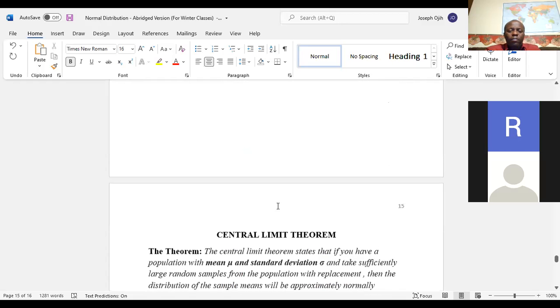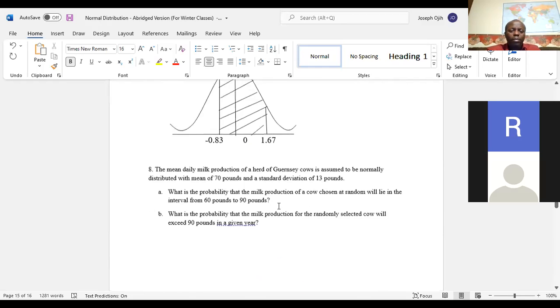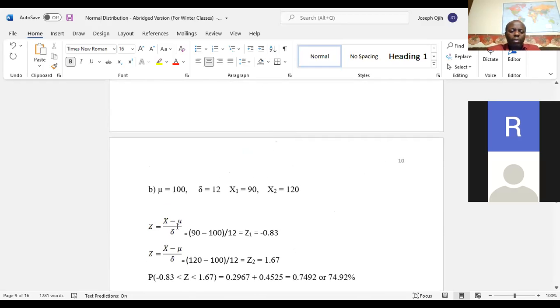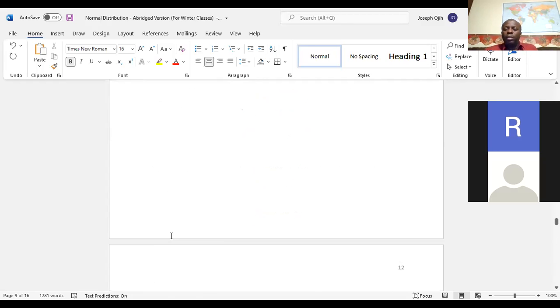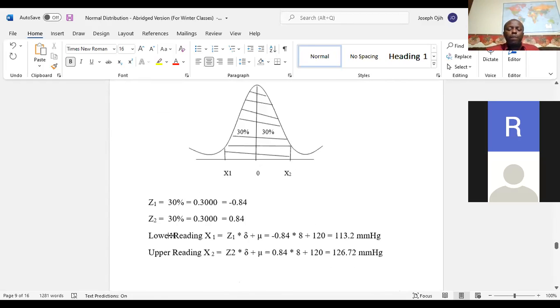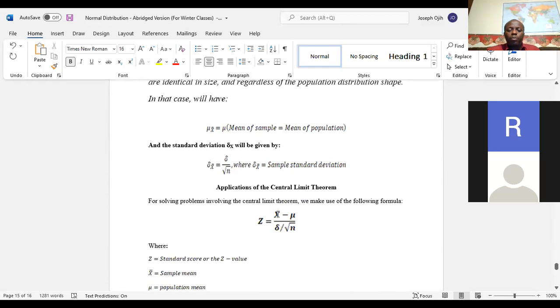This is instead of using the formula to transform. If you remember the original formula we used to transform, it is x minus mean over standard deviation. But when we are doing the central limit theorem, the formula we use to transform becomes x bar minus the population mean, divided by the standard deviation over the square root of n, because the sample size is now included.